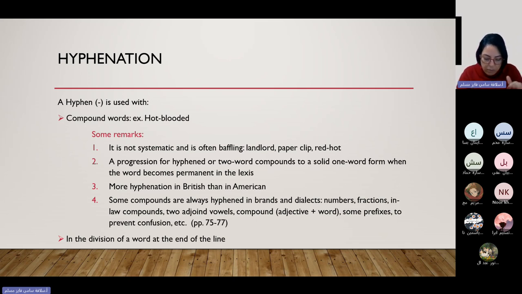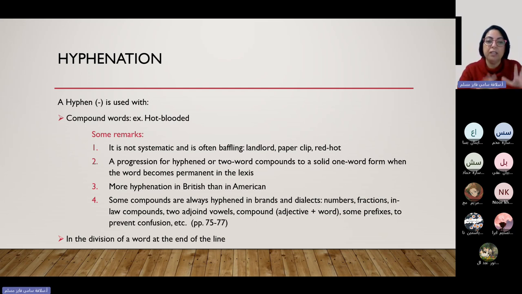You have many words like these in pages 75 to 77, like fighter-bomber, there is a hyphen between them, like self-ruled, there is a hyphen between them, like father-in-law, when we say in-law compound, mother-in-law, all of them have a hyphen, like prefixes, ex-president, ex hyphen president.